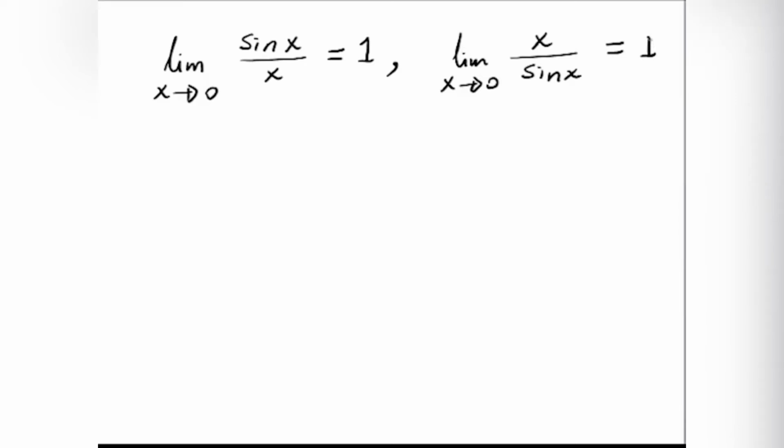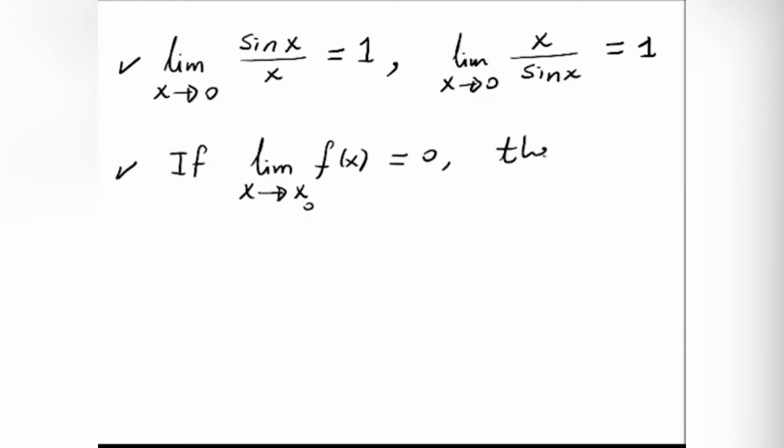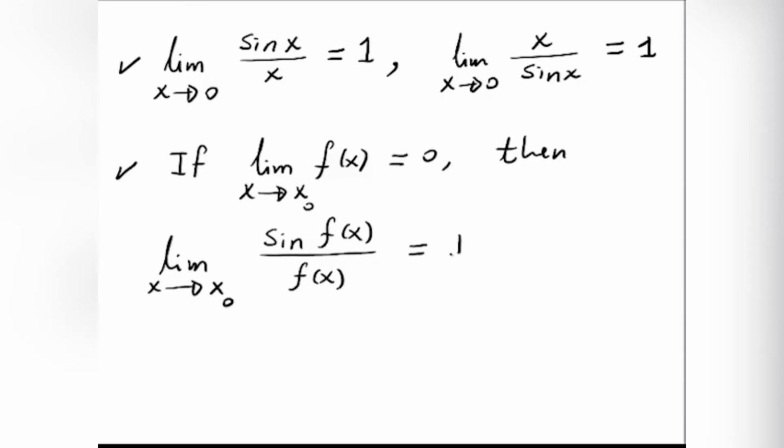this is also 1. We have, in fact, a more general result that says if the limit of any function of x, where x goes to some point x0, suppose this limit is equal to 0, then in fact we have the limit of sine of this function divided by the same function as x goes to x0 is also equal to 1.